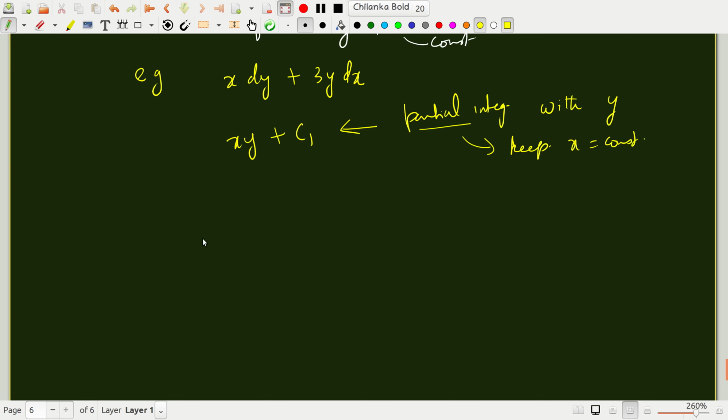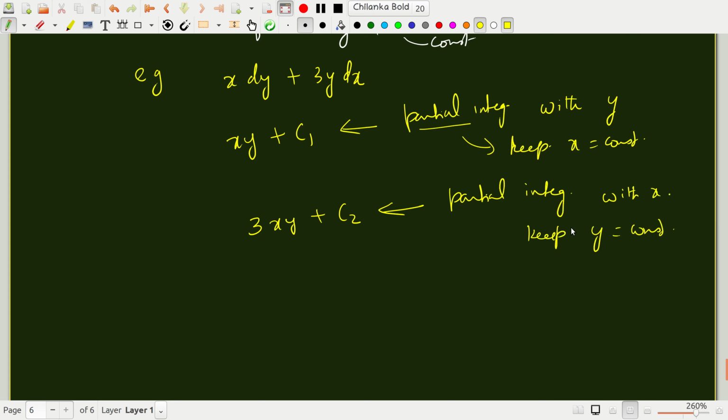Don't vary x. Similarly, if I do the converse, keeping y constant and integrating with respect to x, I will get 3xy plus some constant c2. This is partial integration with x, keeping y constant.